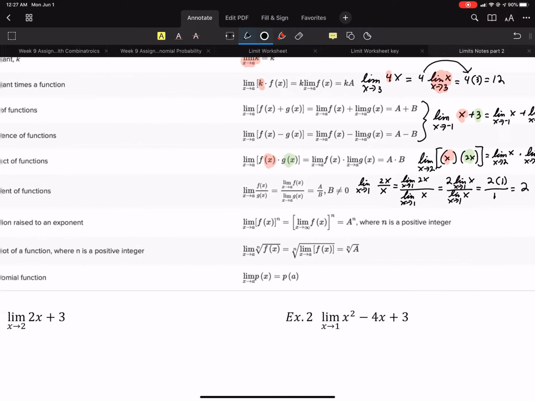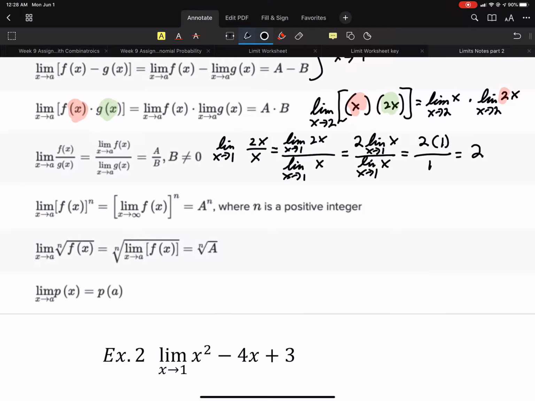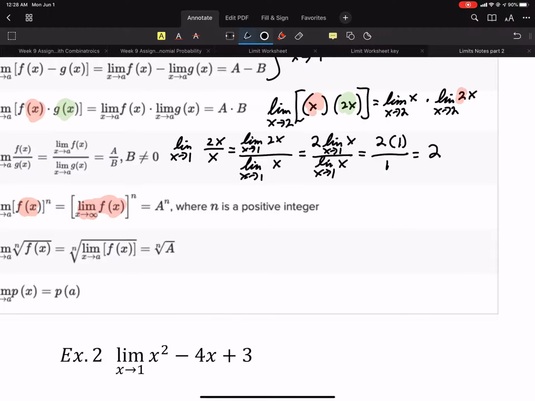So we have 3 more rules to go. What is the next one saying? I have a function being raised to a power. And they're saying that power is any positive integer. How do you find that limit? Well, it says you take the limit of the inside first and then raise it to that power. So let's try this one. I'll do it with something very basic because you don't have a lot of things we can do.